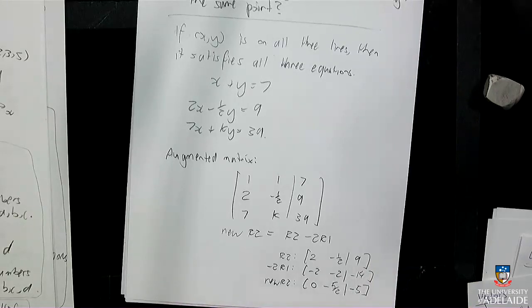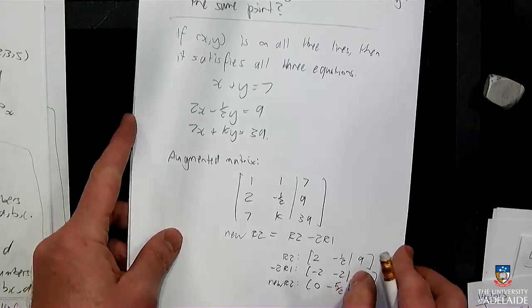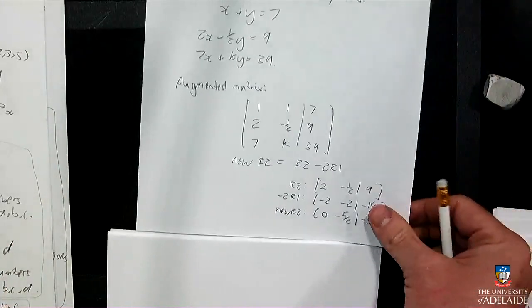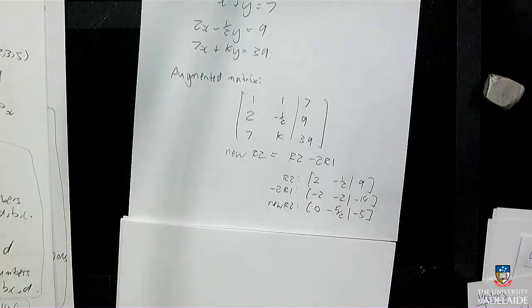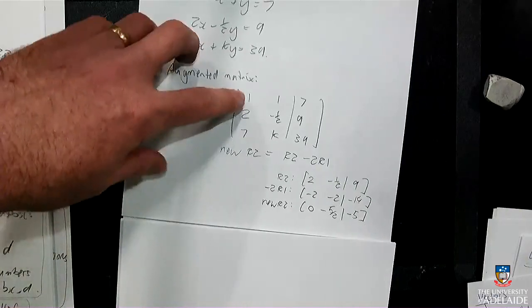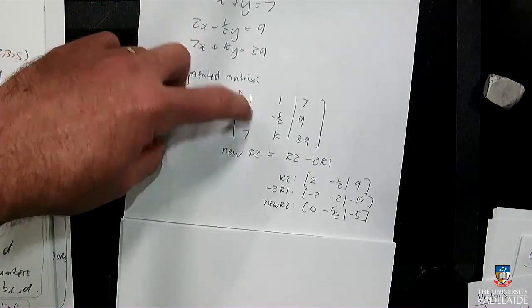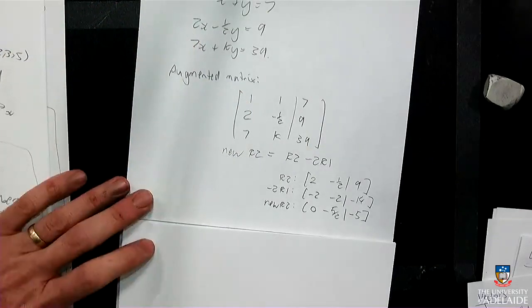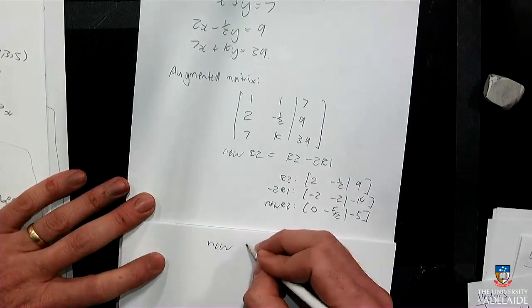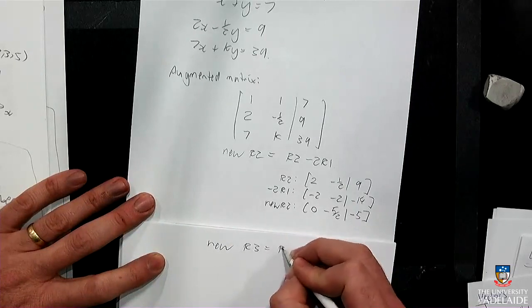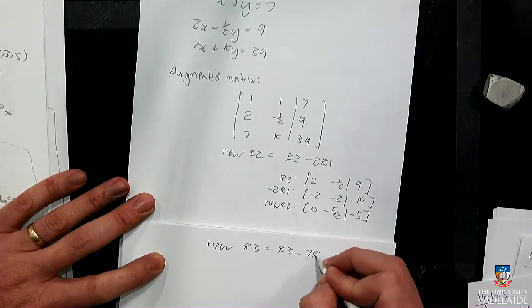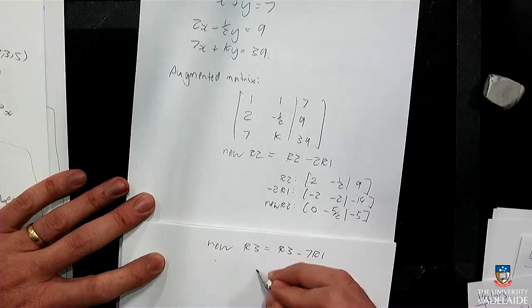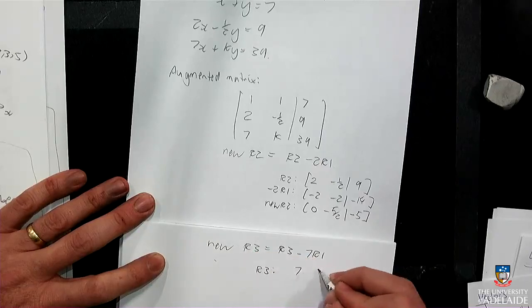Okay. Now it should be okay for me to do the same trick in row 3 because I'm not using row 2 to change row 3 at the same time as changing row 2. So I reckon I'm going to do this as well. New row 3 is row 3 minus 7 of row 1. So this is what row 3 is currently.